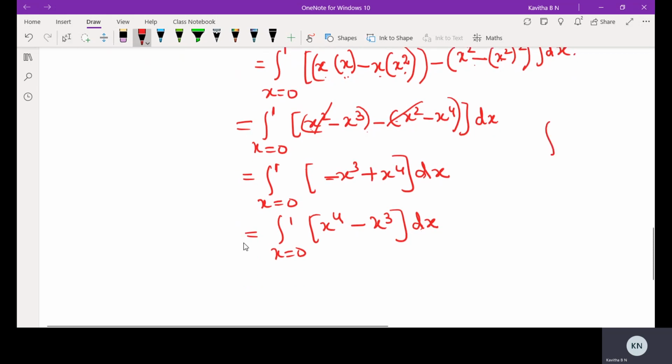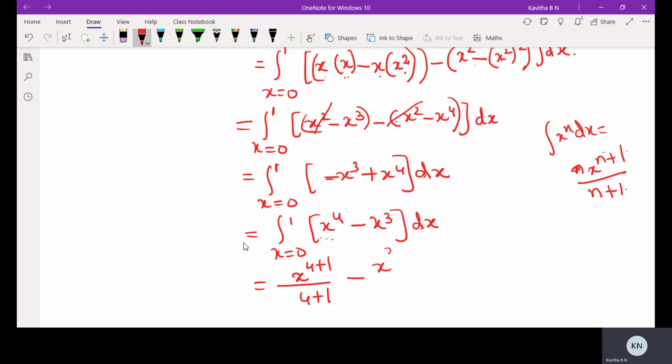Then do the integration of x to the power of 4. Okay, integration of x to the power of n dx is x to the power of n plus 1 divided by n plus 1. Then integration of x to the power of 4 is x to the power of 4 plus 1 divided by 4 plus 1, minus integration of x to the power of 3 is x to the power of 3 plus 1 divided by 3 plus 1.